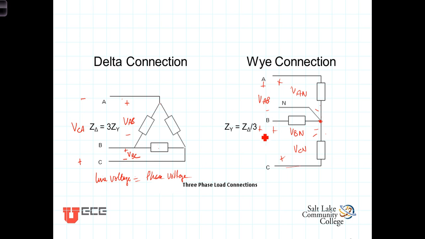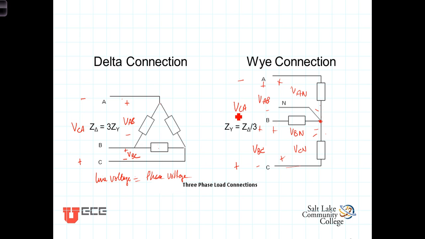VAB, plus to minus VBC, and then plus to minus VCA. VAN, VBN, and VCN all constitute a set of balanced voltages, as well as VAB, VBC, and VCA constitute a set of balanced voltages. And of course, by that what we mean is that the sum of them, VAB plus VBC plus VCA, is equal to 0.